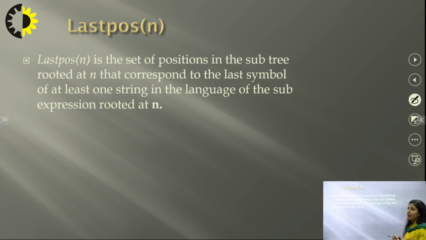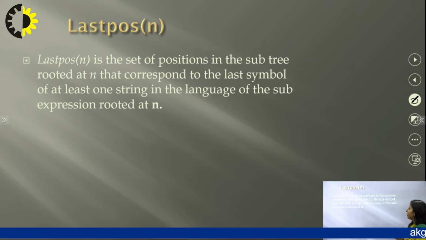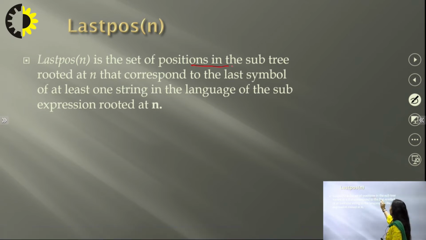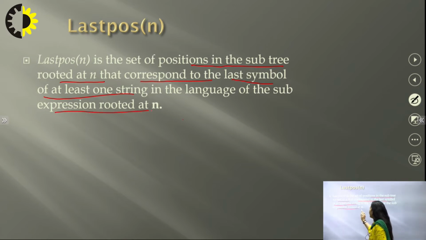When we want to find the lastpos of any node, it is the set of positions in the subtree rooted at n that correspond to the last symbol of at least one string in the language of the subexpression rooted at n.